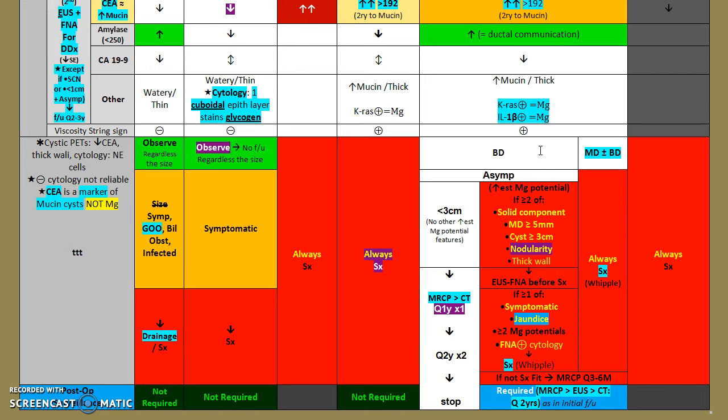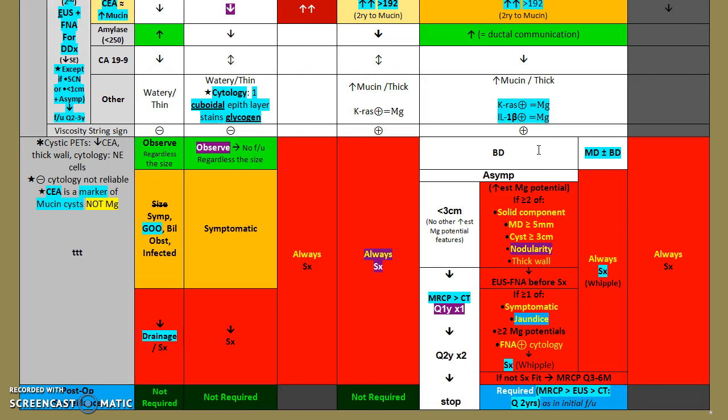Regarding the IPMN, it's two types, the branch duct and the main duct, with the mixed type, or the main pancreatic duct. The main pancreatic duct and the mixed type, you always send these patients for surgery. You treat them like the mucinous type.